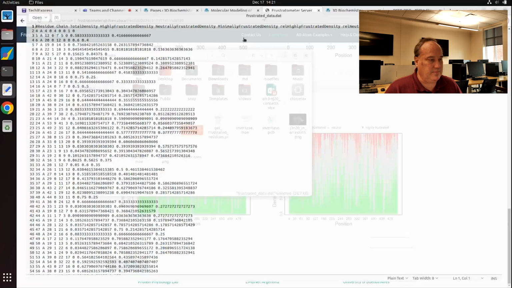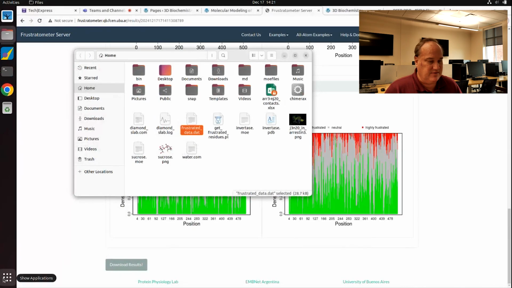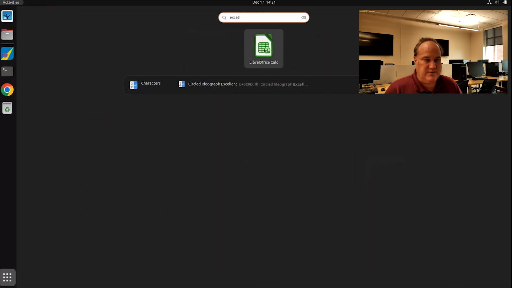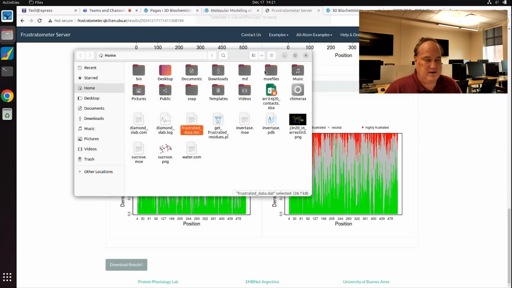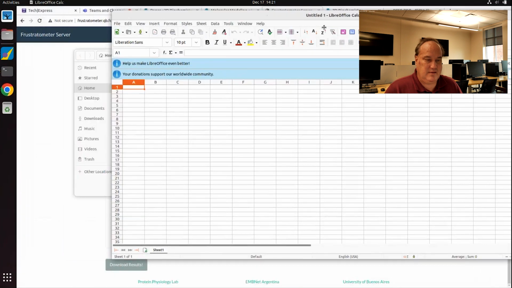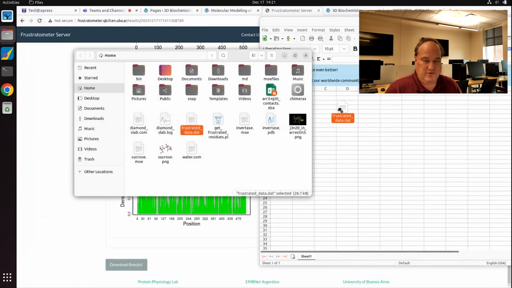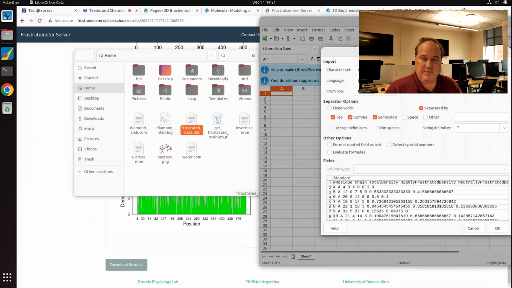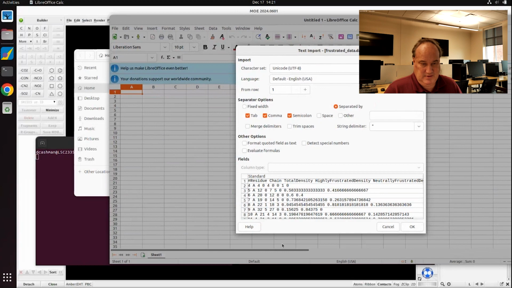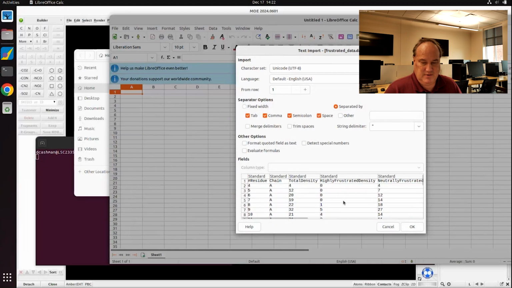Now, I don't have Excel on here. If I search for Excel, I have LibreOffice, and I can certainly do that. If I drag this over to LibreOffice, I'm going to get a window. What I want to make sure of is to click space delimited so I can line everything up, right?